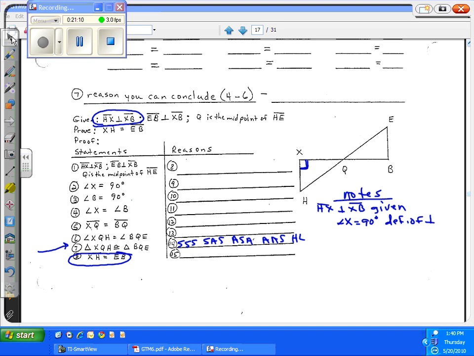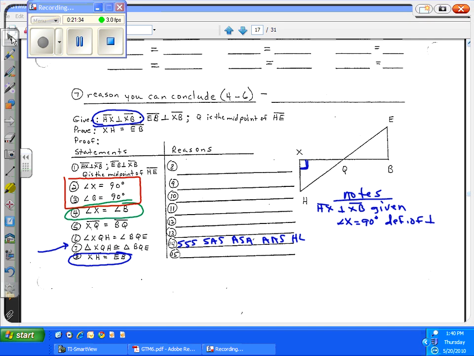You may have a little bit of trouble with angle x is equal to angle b. It's not in the given, it's not in the diagram. You're going to have to use these statements above. So you're going to do something with those to come up with number 4.